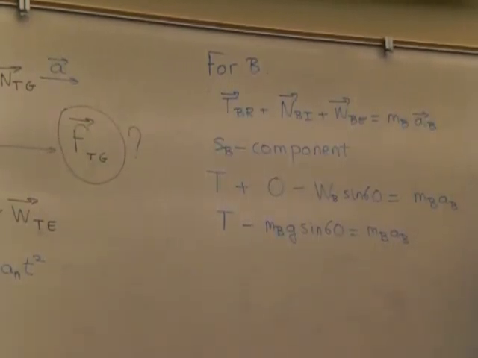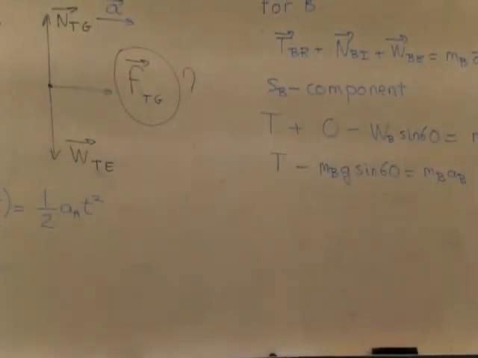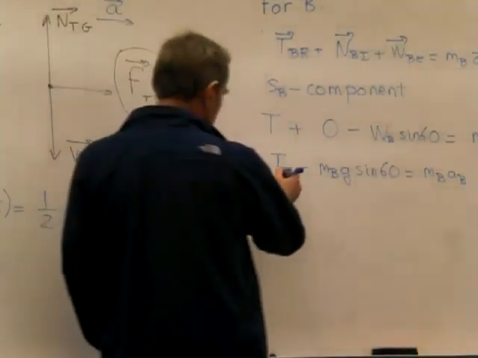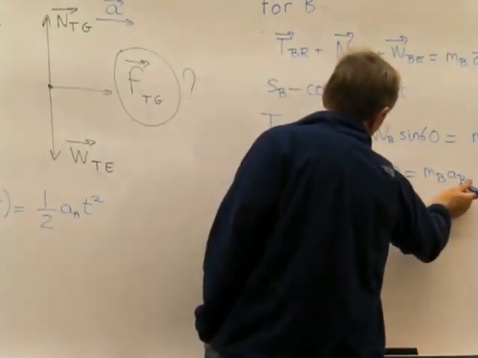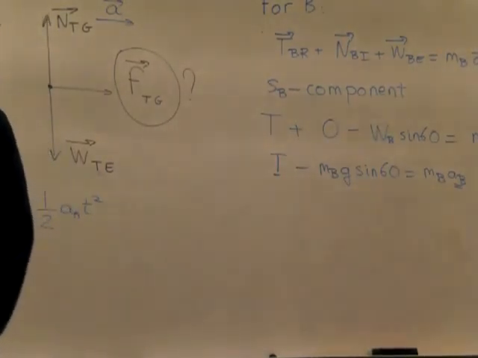If you cut that rope, the block slides down with an acceleration of g sine 60. But here, of course, that's not the case. You have the tension. So we know everything except two quantities, the tension and the acceleration of B.